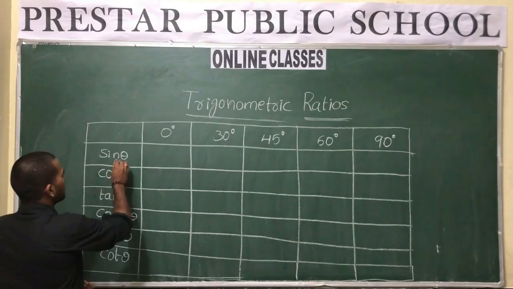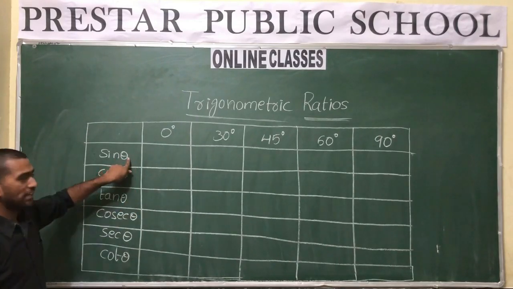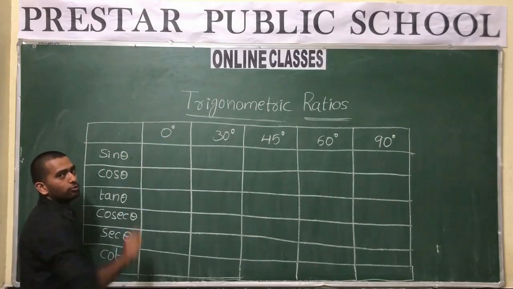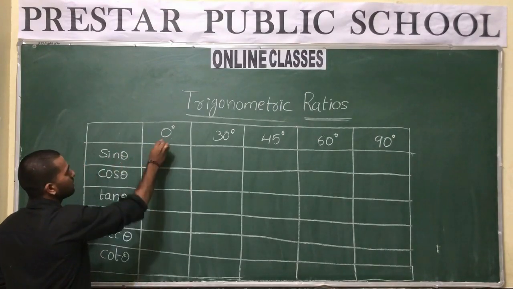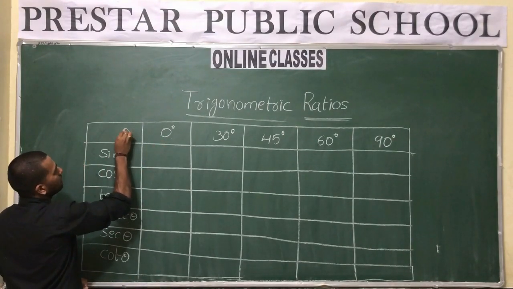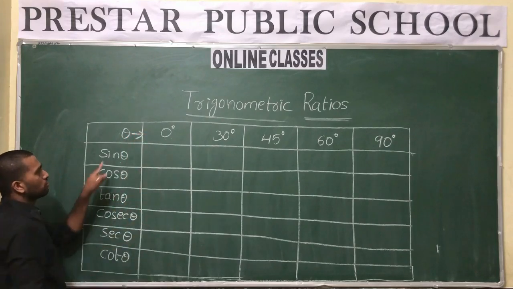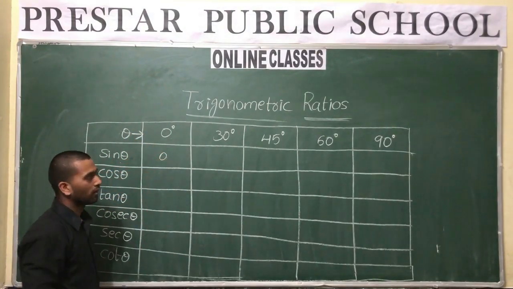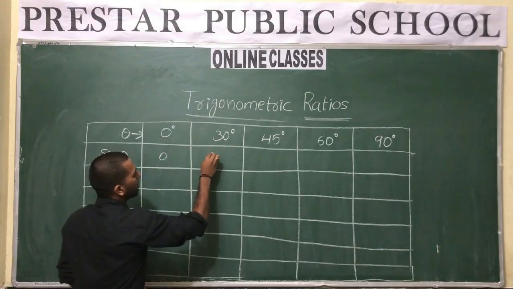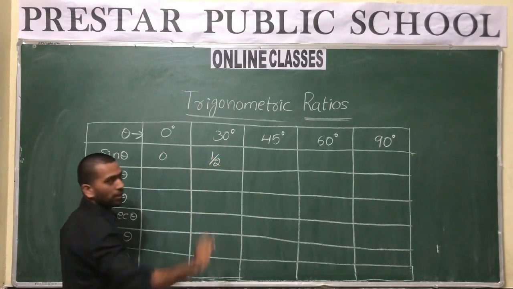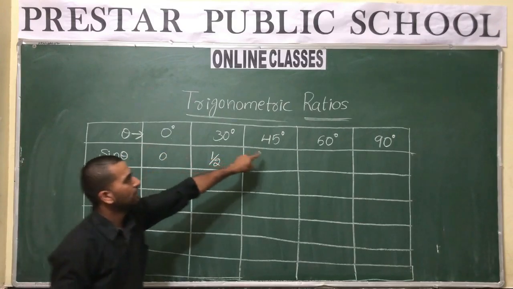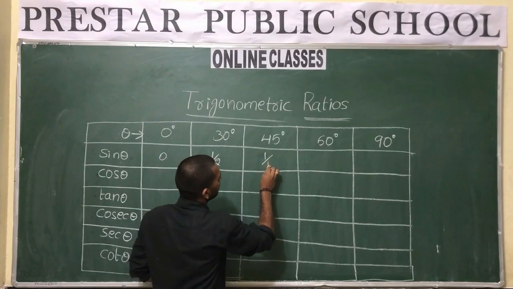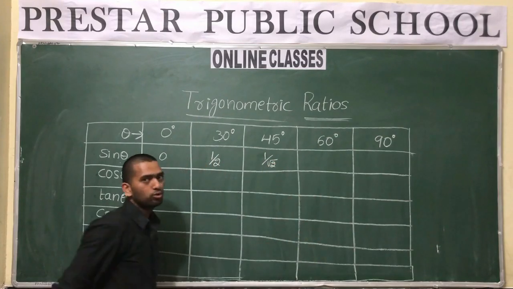Okay. Now sin theta. If in place of theta 0 is there, what is the value of sin 0? If theta is 0, sin 0 is 0, sin 30 is 1 upon 2. Now sin 45 degrees is 1 upon square root 2.